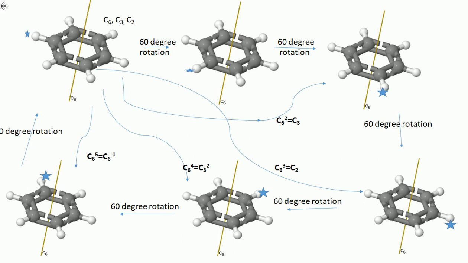If you are leaving this molecule as such without doing anything, that symmetry operation is called the identity operation, and that is represented by the letter capital E. So C6 6 times is equal to a doing-nothing operation, that is the identity operation E. When we do not do anything, we leave the system unchanged and identical to the original system in all respects. So it is denoted by the symbol E.